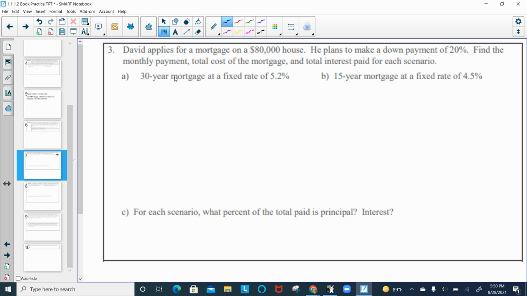Okay, so 30 years is your term, with a fixed rate of 5.2%. Over here, we have a 15-year mortgage, so there's your term, with a fixed rate of 4.5%. It does say monthly payment. So that means your P, principal, is $64,000.